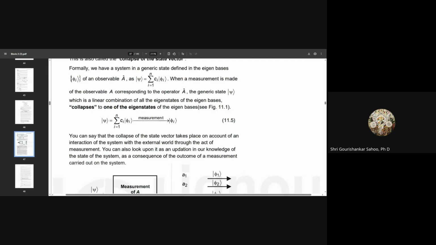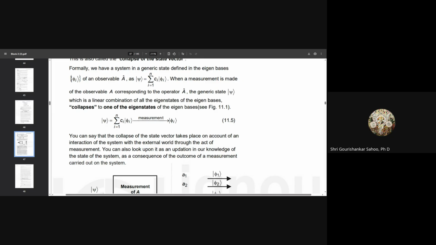When a measurement is made of the observable A corresponding to the operator Â, the generic state ψ, which is a linear combination of all the eigenstates of the eigenbasis, collapses to one of the eigenstates of the eigenbasis. So you can write it like this: ψ = summation from i = 1 to n of ci φi. After the measurement, it will be φi, and it collapses.